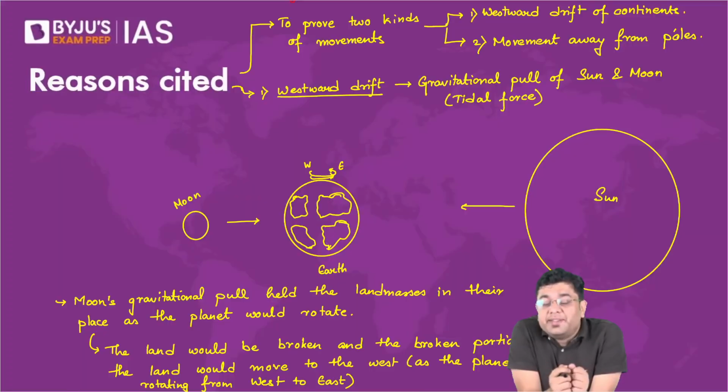Those evidences indicate that Mesosaurus was a freshwater reptile, and Mesosaurus fossils have been found in both Africa and South America. How is it possible? There cannot be a possibility that Mesosaurus came into existence and then swam across the salt water to reach Africa. There can only be one possibility: that both these areas were combined together. So that is the paleontological evidence.